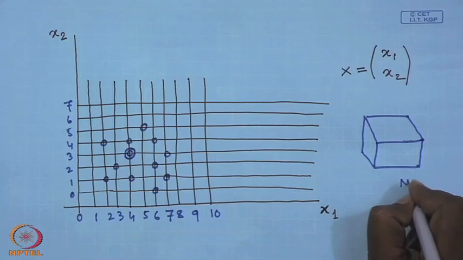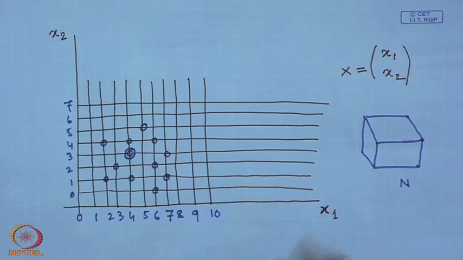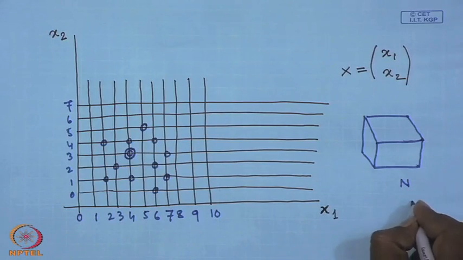And as we have done in case of one dimension, I have to find out the volume under every such box. And that volume will be 1 upon the total number of samples which are given for probability density estimate. So, if I have total number of samples equal to capital N, then volume of individual box will obviously be 1 by capital N.